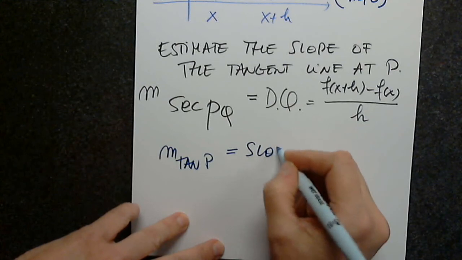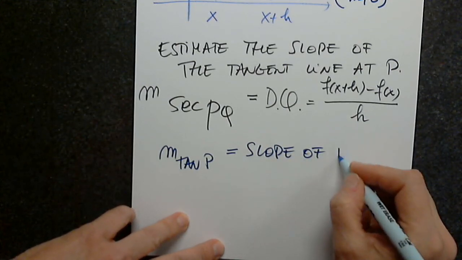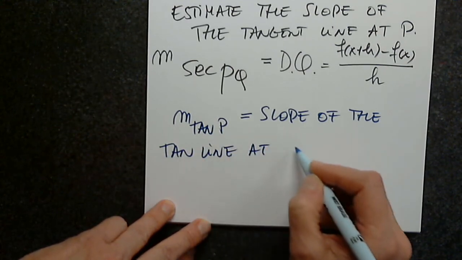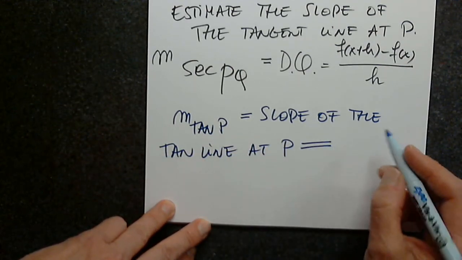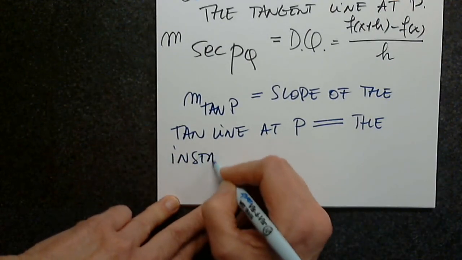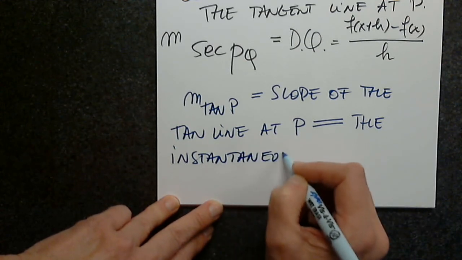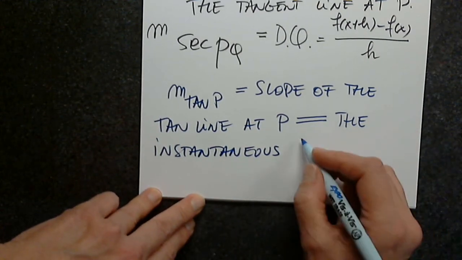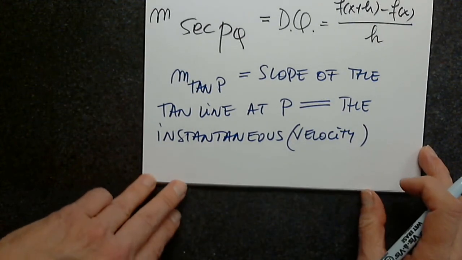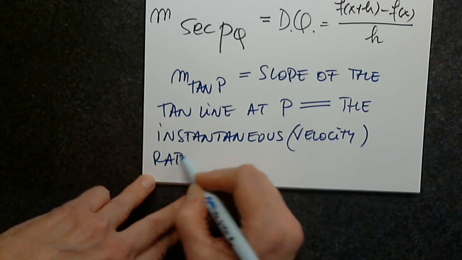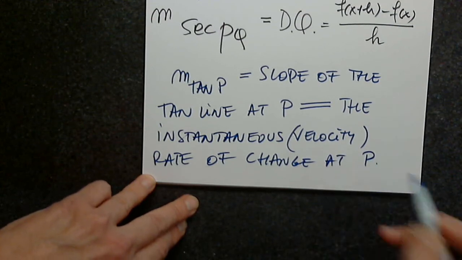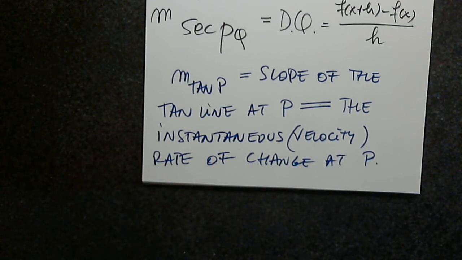So the slope of the tangent line at P is the same as the instantaneous rate of change. It can be velocity too, I'll put in parentheses. The instantaneous rate of change at P. And it equals something else, but I can't say it just yet.